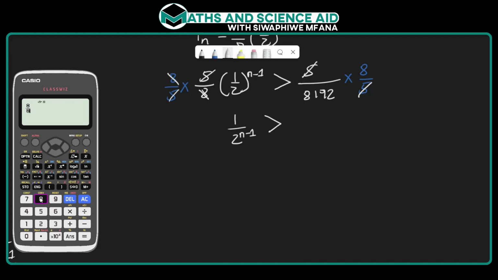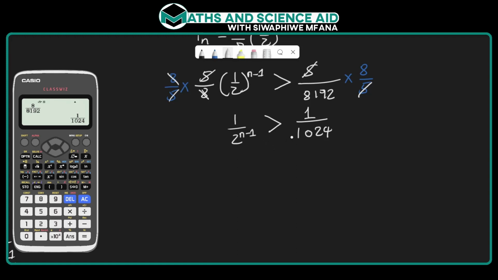So 8 divided by 8,192. So yes, in fact, these numbers do have a common factor, and we get that this can be simplified to 1 divided by 1,024.